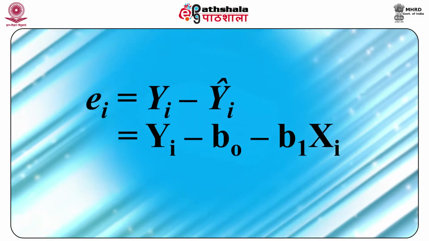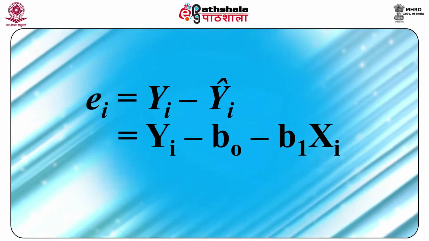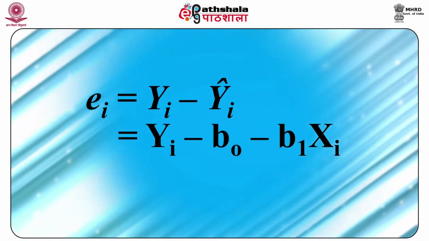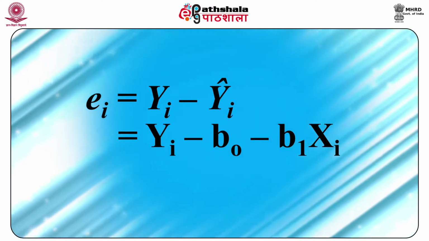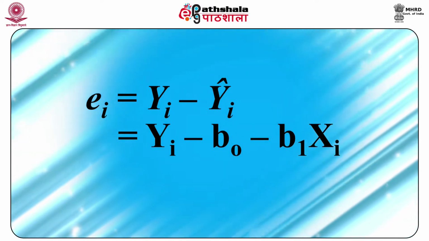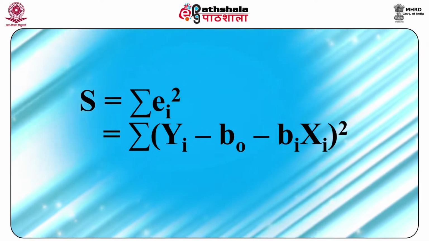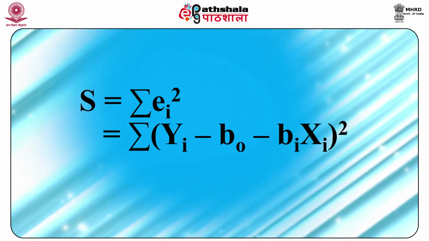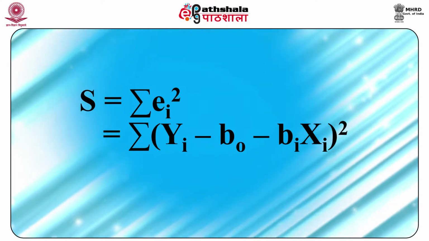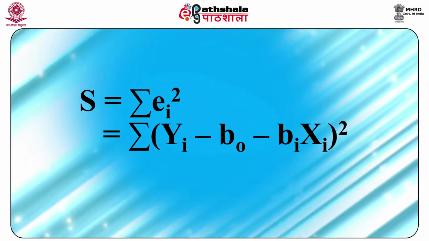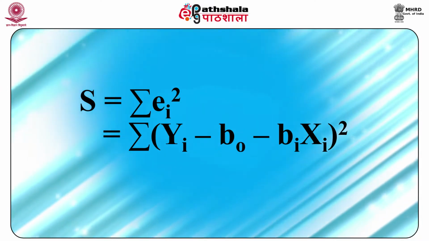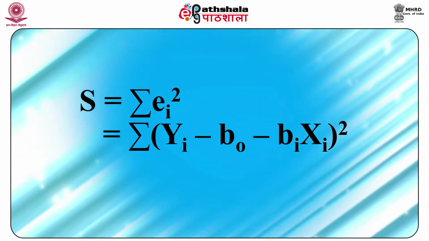The residual ei is defined as yi minus yi hat, and is equal to yi minus b0 minus b1 xi. In OLS, we strive to minimize the sum of the squares of residuals S, depicted as S is equal to sigma ei square, which is equal to sigma (yi minus b0 minus b1 xi) whole square.